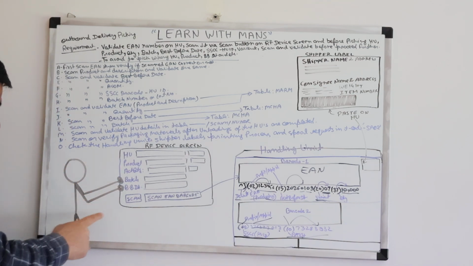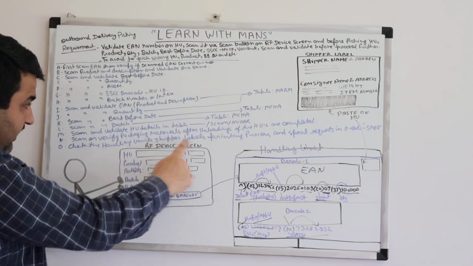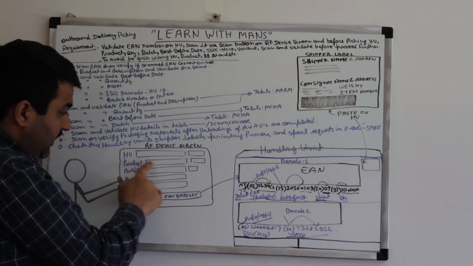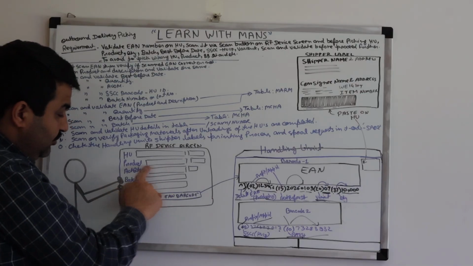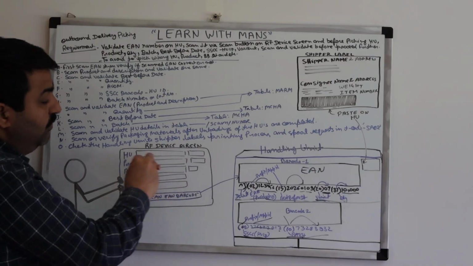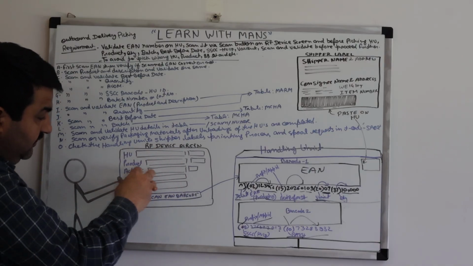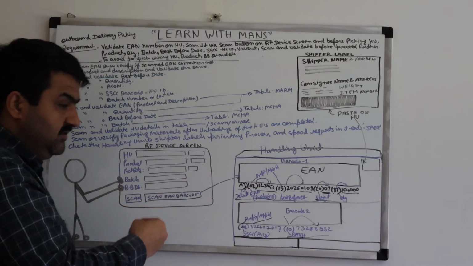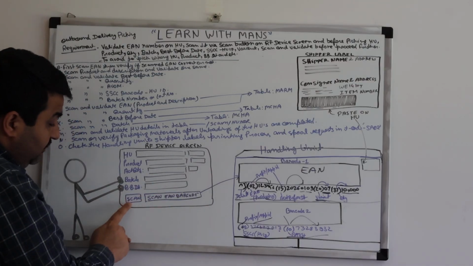He holds this RF device, and on the screen we can see the handling unit, product, actual quantity to be picked, batch number or lot number, best before date. More functionality, more buttons, more properties we may see on the screen. It depends on the business requirement.